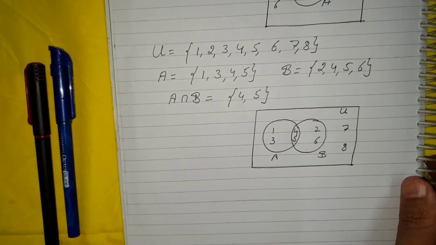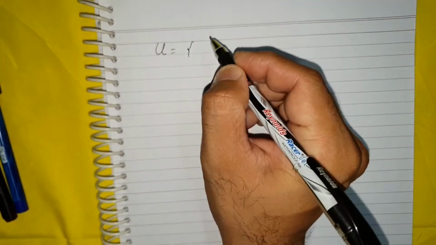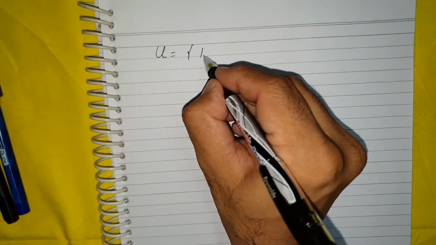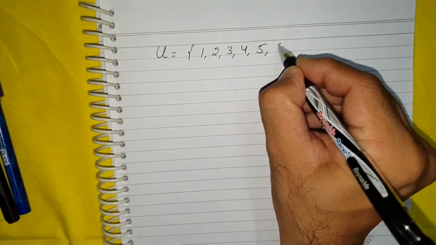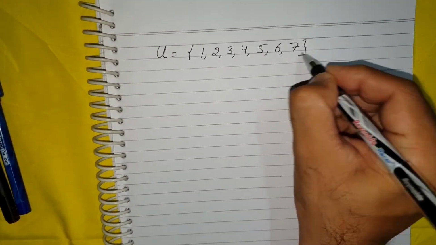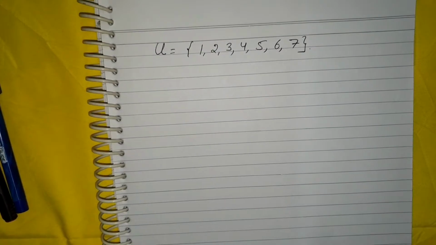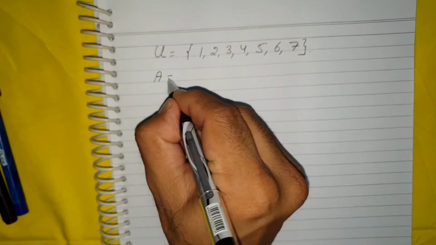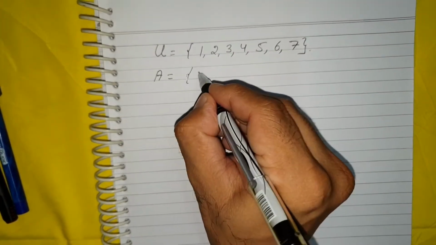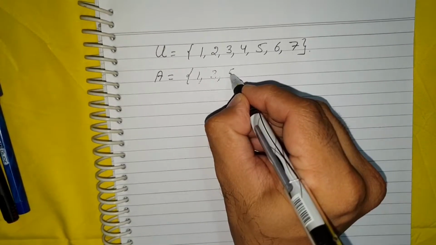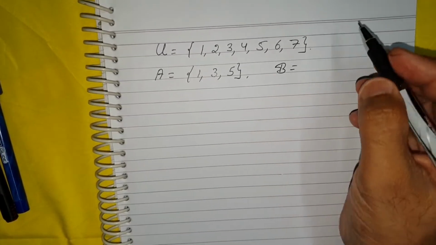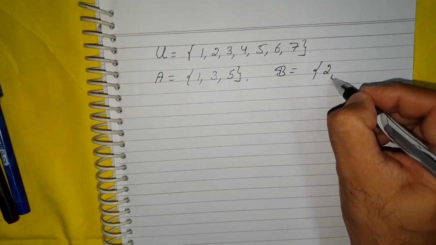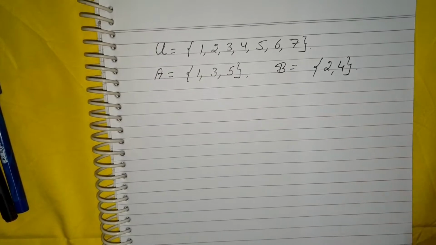Okay. Now next example. U as 1, 2, 3, 4, 5, 6, 7. You can take A as 1, 3, 5, and B as 2, 4.